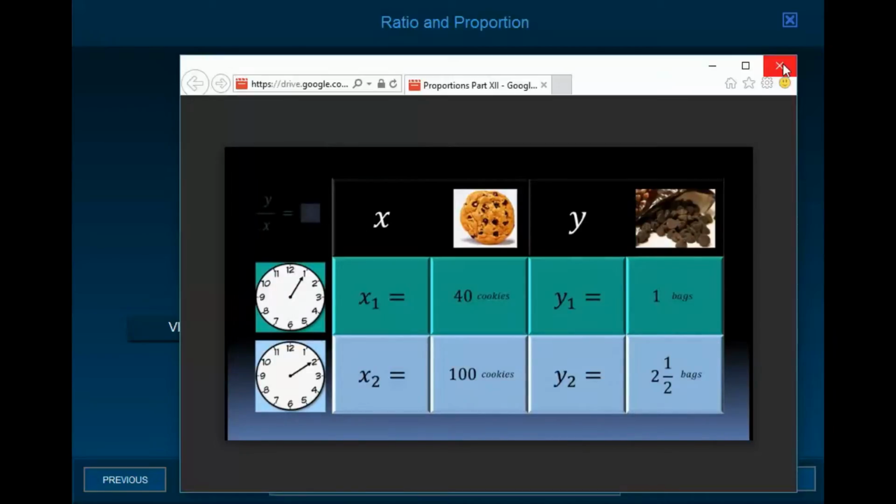And we were able to calculate this because the number of bags of chocolate chips varies directly with the number of cookies that we want to make.